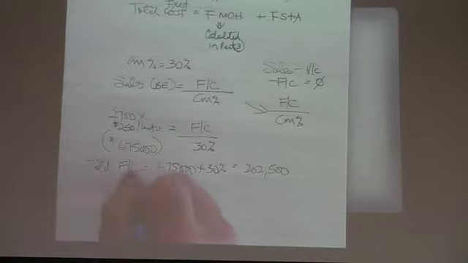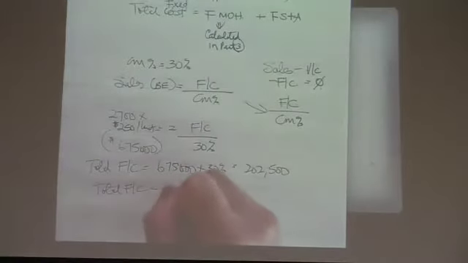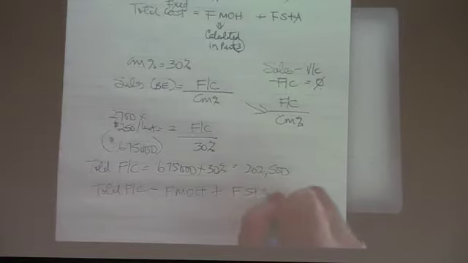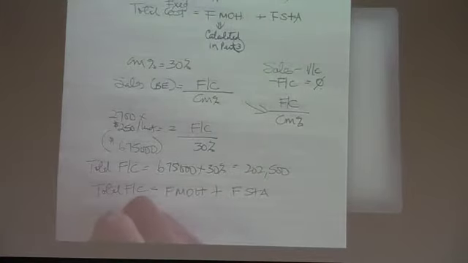But we know that total fixed cost is fixed manufacturing overhead plus fixed selling and admin. This one we already calculated is 202,500.